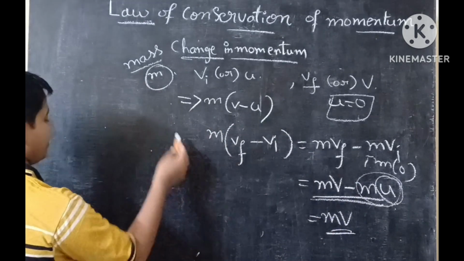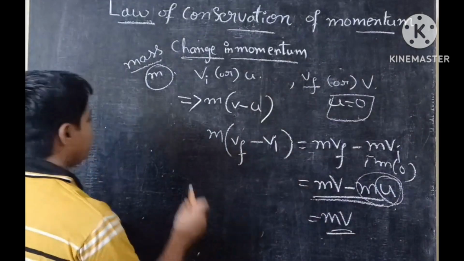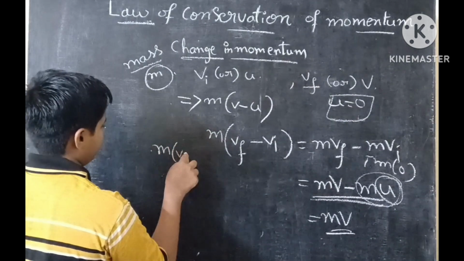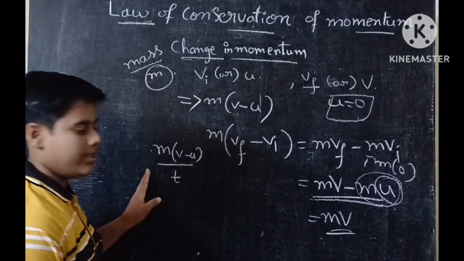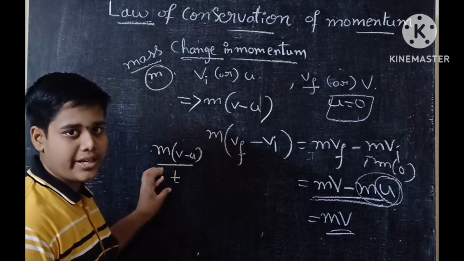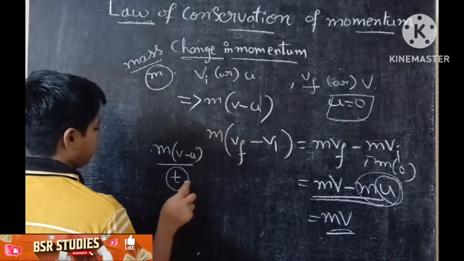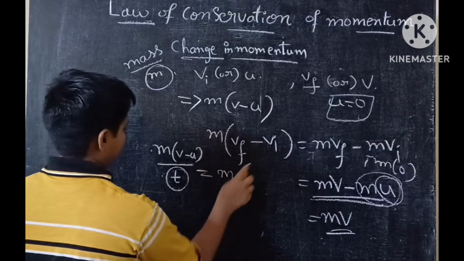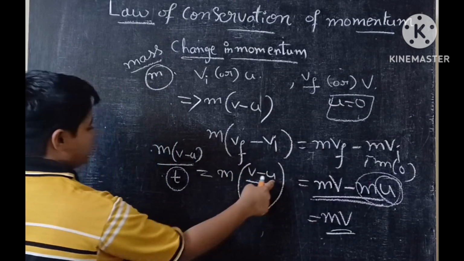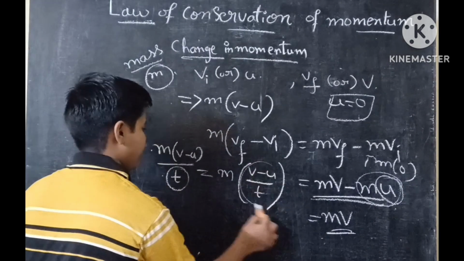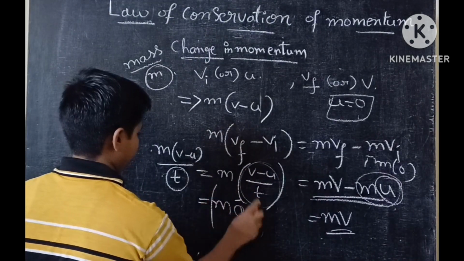If I take the rate of change of momentum, it is m into v minus u, divided by time. Rate of change of momentum means we have to divide by the time in seconds. So mass into v minus u by t, and v minus u by t is acceleration, so it is mass into acceleration.